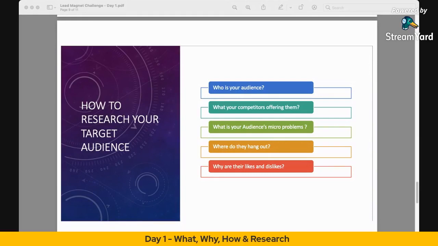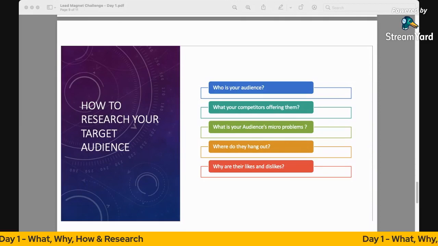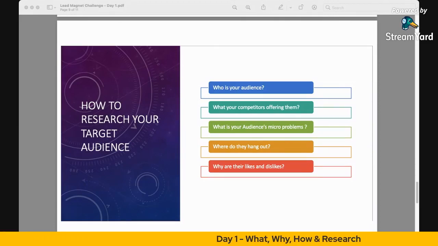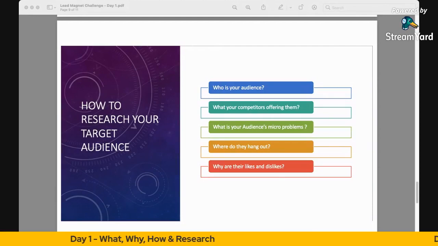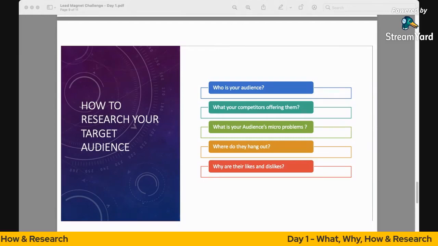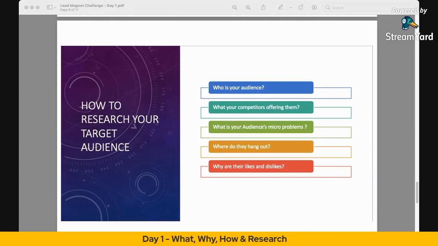Oh, I can get a unique product from the store for my friend's birthday party, or for my friend's wedding, or for a party I am going to. So I won't be blended in with other people. So that could be their way of thinking. So what is their micro problem?